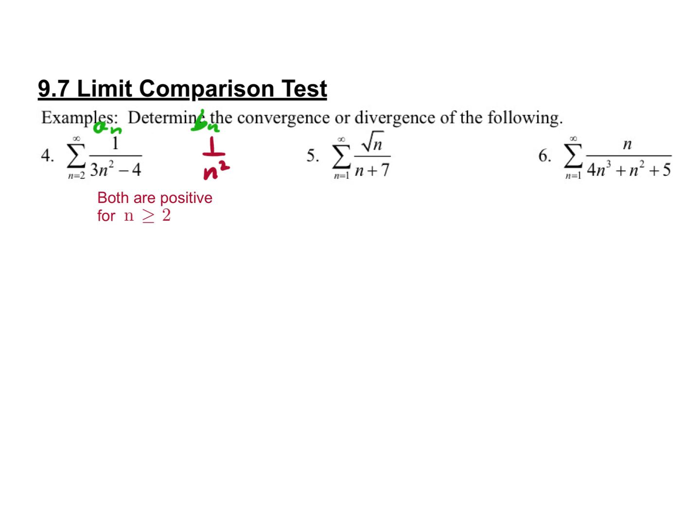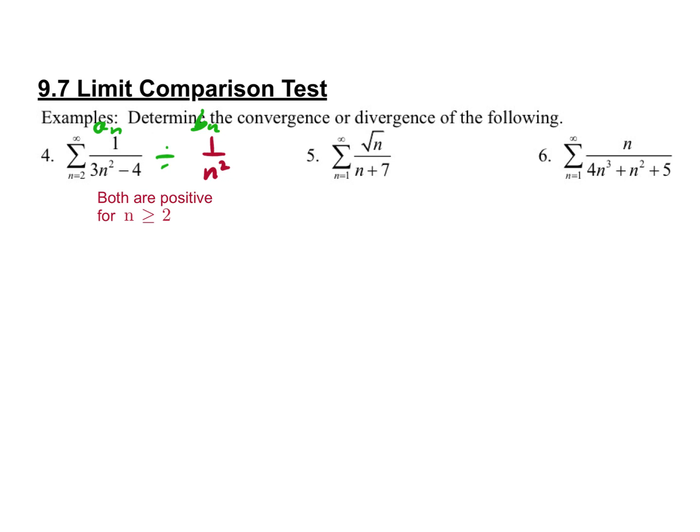What do we know about convergence or divergence of 1 over n squared? Convergence, why? Right, 2 is greater than 1, p-series test, we're good to go. So what we're hoping to figure out here is the limit of the ratio of these two things together, because eventually I'm going to take the limit of this divided by that.